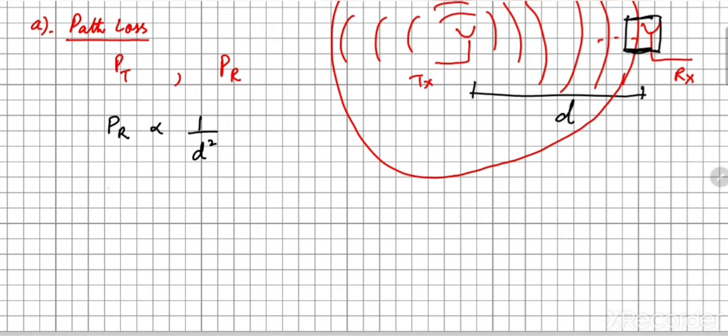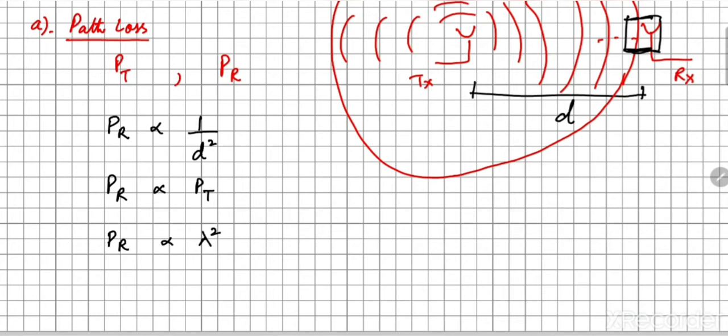Of course, PR will be proportional to PT. If you double the transmit power, the received power will also be doubled. Another relationship that holds is that PR is proportional to lambda square.